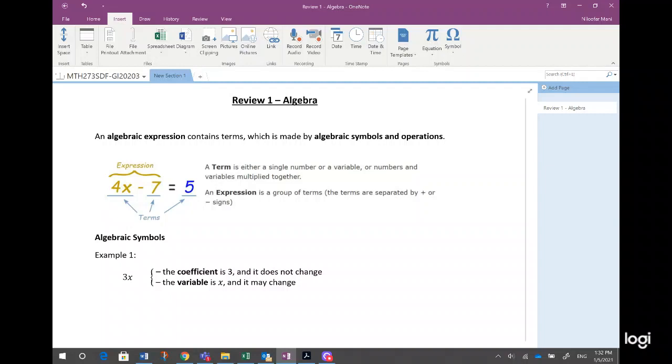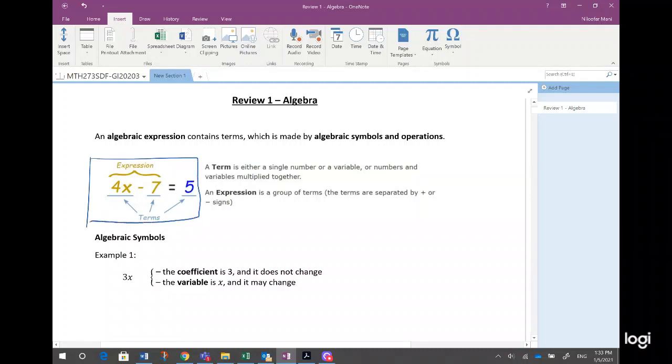contains terms, and each term is made by a number multiple, one variable, or several variables to different powers. Here, I can show you this.